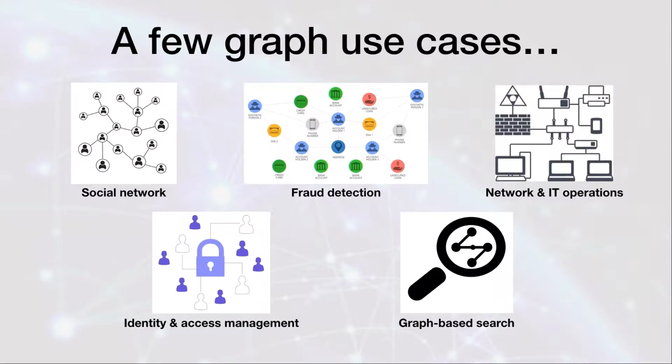Fraud detection: based on the connections and the relationships in the graph, can I find fraudulent activity or fraudulent people in the network and root those out? Network and IT operations: how are my entities and routers and switches connected in my physical company, line to line? Identity and access management: who has access to what resources and why should they have access to that? And then finally, graph-based search: based on a search term, based on what I'm looking for, can I find the most relevant, valuable results for what I'm looking for?